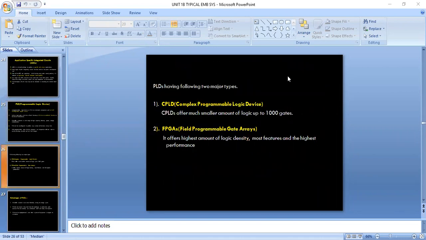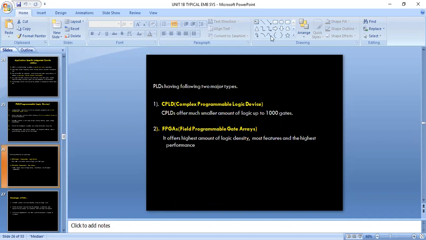See, next, PLDs have the following two major types. Suppose one single PLD is not enough for my logic. I told you like 10 number of ORs, 10 number of AND gates, like the example of Gandhi to Osmania Hospital. That much big logic, then a single PLD may not be enough for us.